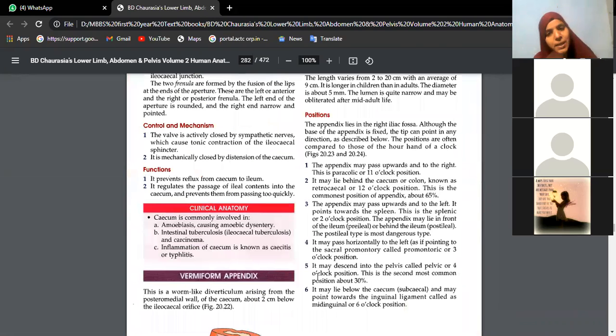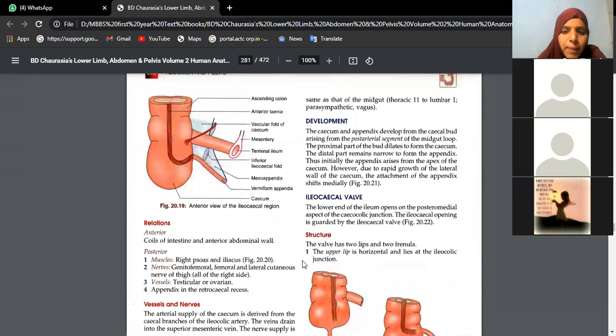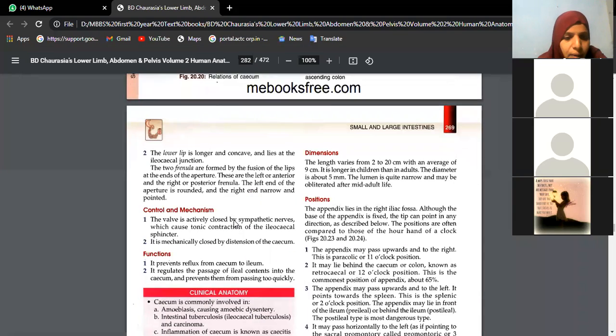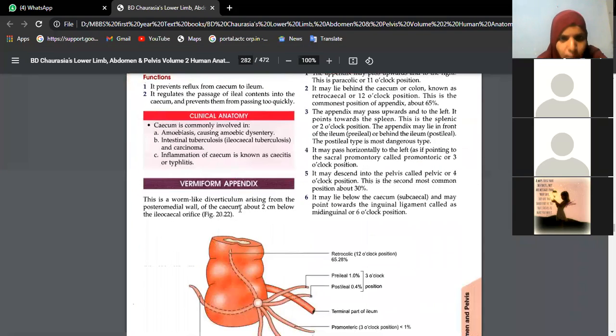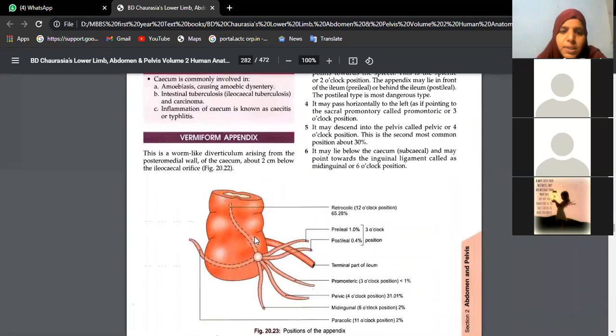Okay, now the next 5 marks question is vermiform appendix. Appendix is a blind-ended pouch. Where do we see it? In the right iliac fossa. A worm-like diverticulum arising from the posteromedial wall of the cecum, the first part of the ascending colon.